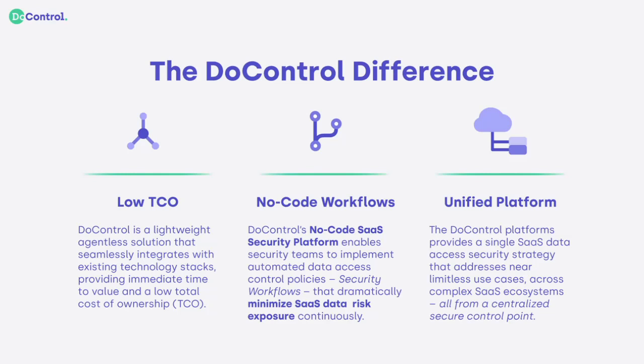We recognize the resource shortage on the security side, so we want to make things as easy as possible for our users, right? No-code workflows, we already covered this. So security teams can create automated data access control policies that are going to minimize their data overexposure and mitigate the risk of a data breach or data exfiltration.